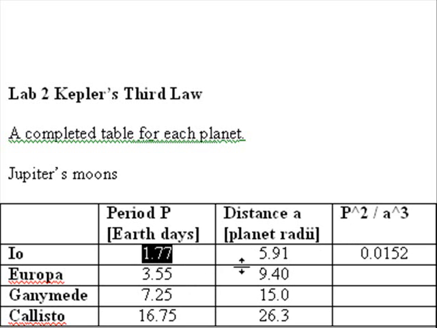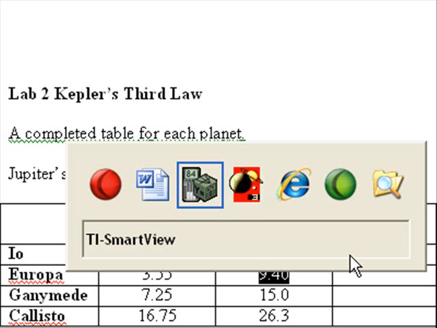So period is 1.77 days, distance is 5.91, and that is in the units of Jupiter radii. So Io is almost 6 times as far away as the radius of Jupiter. Europa has a period of 3.55, and it has a distance of 9.4 Jupiter radii.